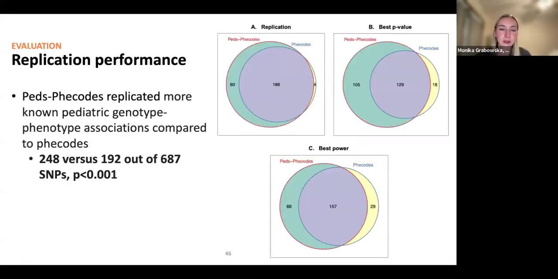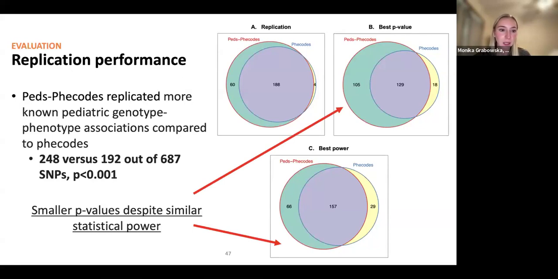And here you can see the results of our comparative PheWAS analyses. Importantly, the PEDS Phecodes were able to replicate significantly more of these known associations compared to the Phecodes. The PEDS Phecodes replicated 248 out of 687 of those known associations, whereas the existing Phecodes were only able to replicate 192.